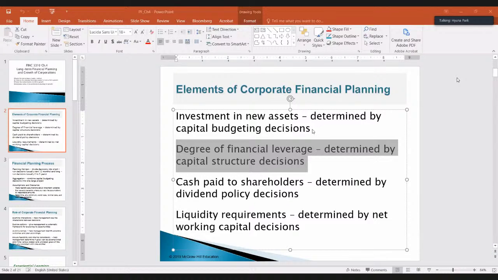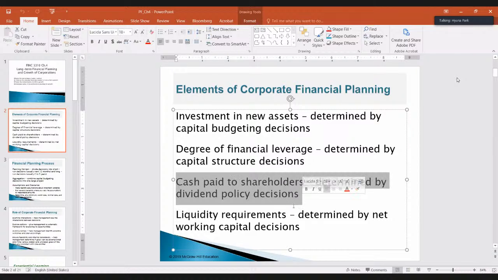So capital budgeting decisions and capital structure decisions, and also there are other decisions. Dividend policy. Companies generate net income, and part of it is paid out as dividends. It goes out of the company and is paid to shareholders. But most companies do not pay everything to their shareholders.